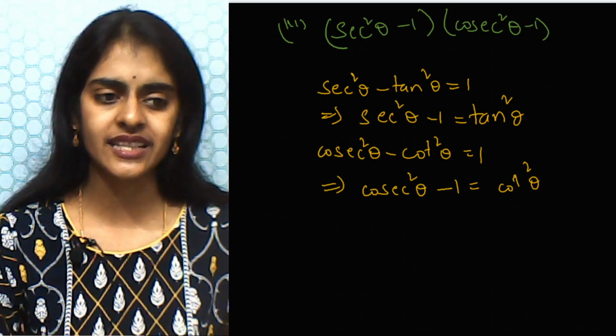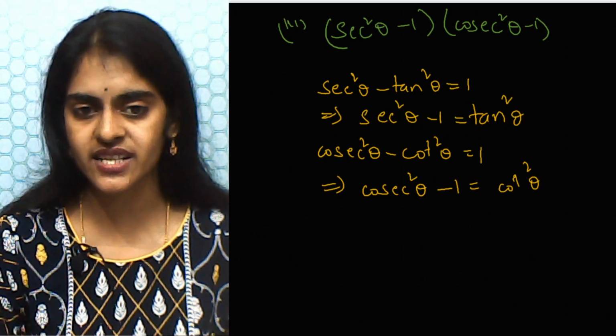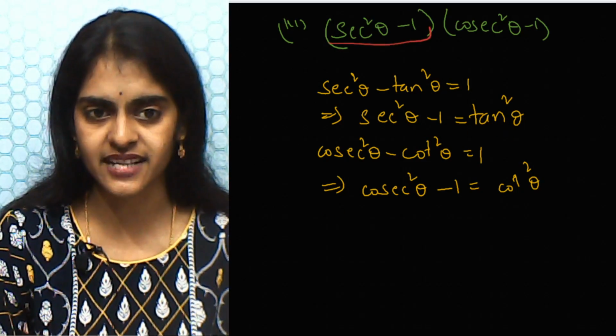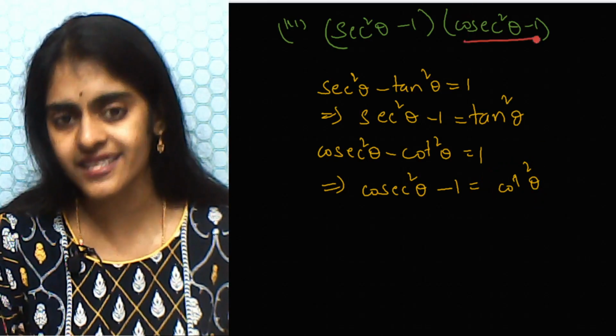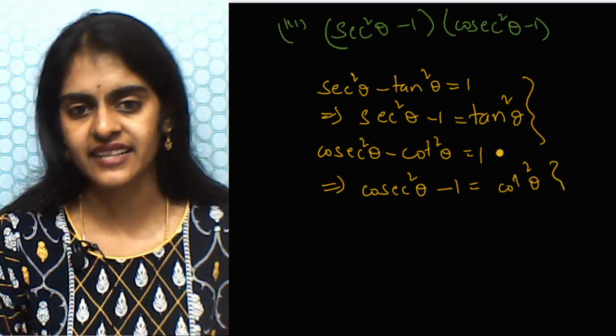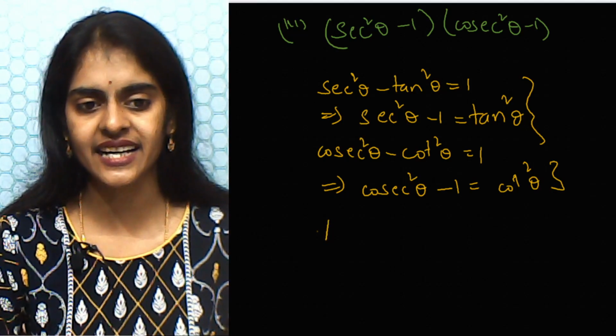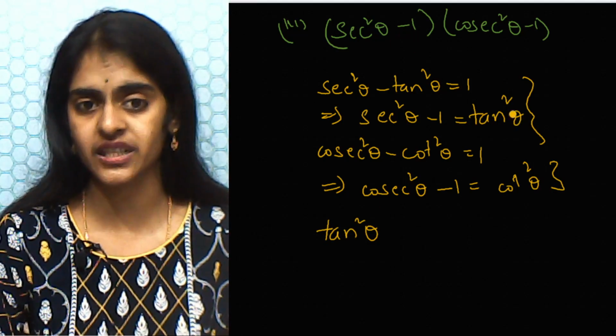So using these two identities, I can see that secant square theta minus 1 is nothing but tan square theta, and cosecant square theta minus 1 is cot square theta. Let us use these two identities and write it here. So substituting, I get tan square theta. Secant square theta minus 1 is tan square theta.